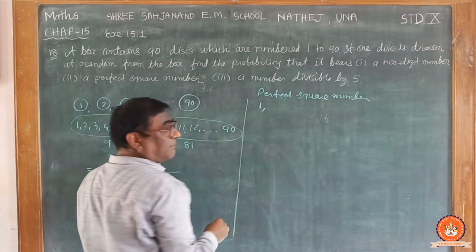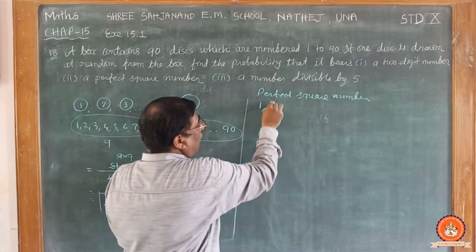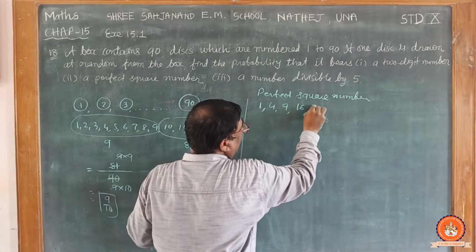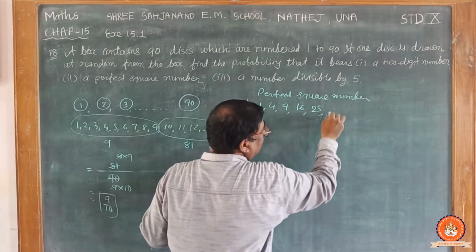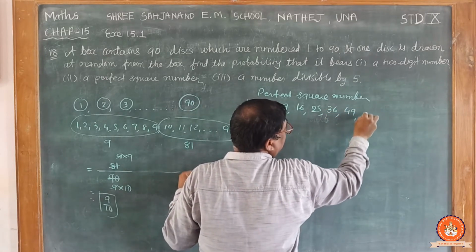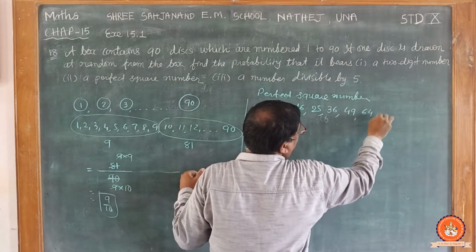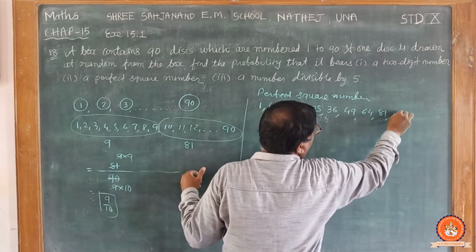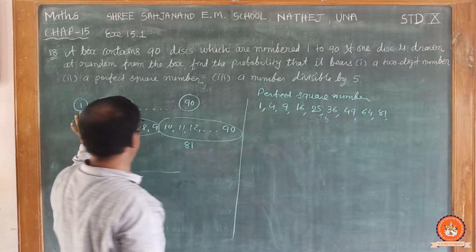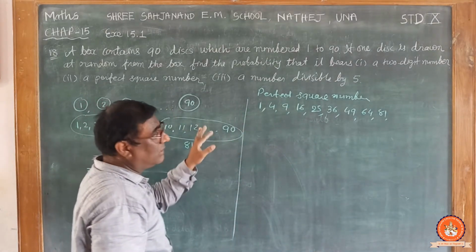Okay, so 1 is a perfect square number, then 4 is, then 9, then 16, then 25, then 36, then 49, then 64, then 81, and then it's 100, but 100 is not in the list because the numbers written on the discs are 1 to 90.